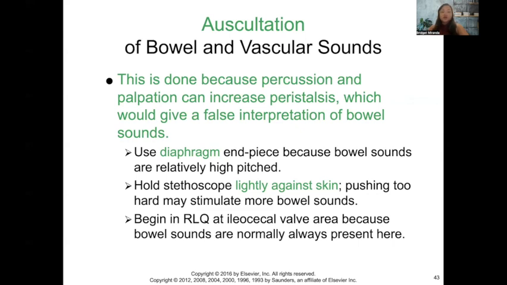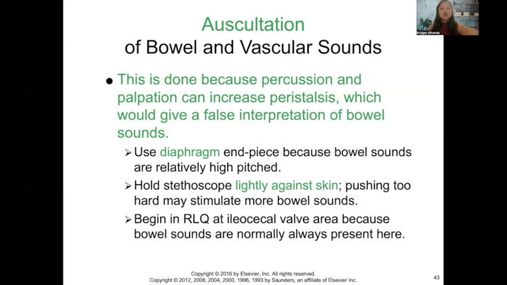You're going to use your diaphragm because bowel sounds are very high pitched, and your diaphragm is the best tool to appreciate these sounds. You're going to hold your stethoscope lightly against the skin if you're using a traditional stethoscope. You don't want to push too hard because this can stimulate overactivity of bowel sounds, but you don't want to hold it so light that you're not hearing anything at all.